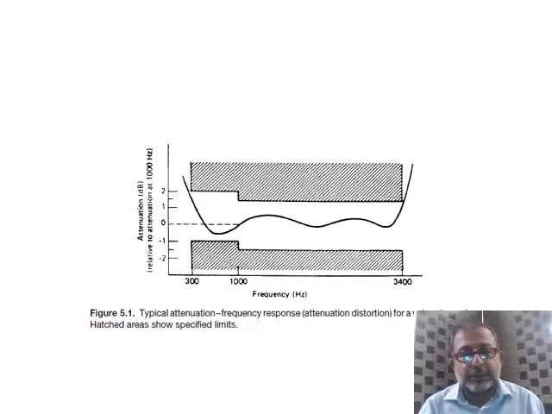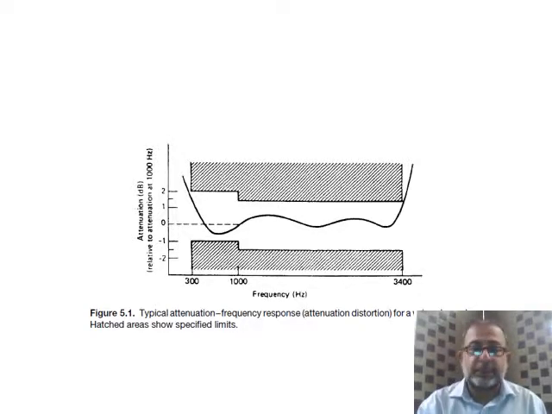Between 300 and 1000 it varies between -1 and 2. The actual signal attenuation is given by the curve, which varies in between, and you can see its variation compared to the zero line or datum line.